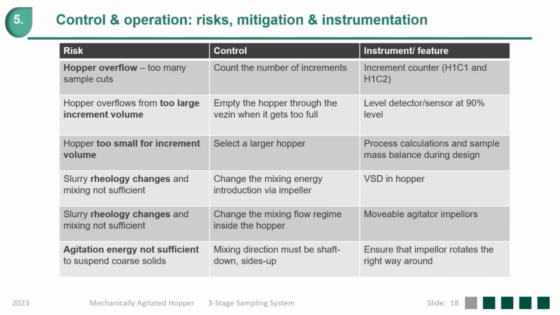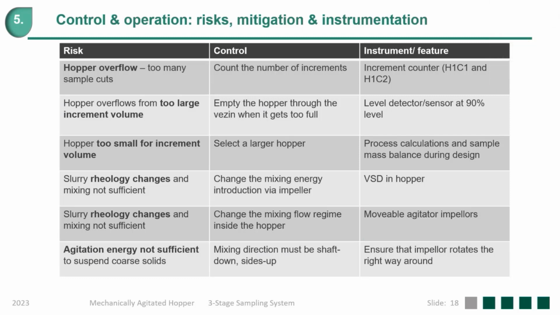The other risk that we have is slurry rheology changes and mixing not being sufficient. We can control this by changing the mixing flow regime inside the hopper. Our mechanically agitated hopper has the movable agitator impeller, so we need to include it to deal with that problem.